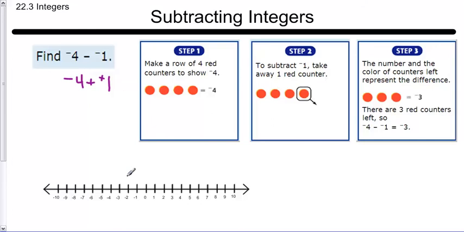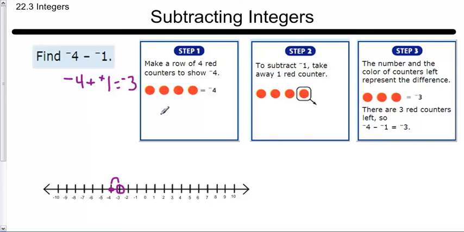Now, if I look at my number line, remember, I start at -4, and then I'm adding a +1, so I'm left with a -3 as my answer.